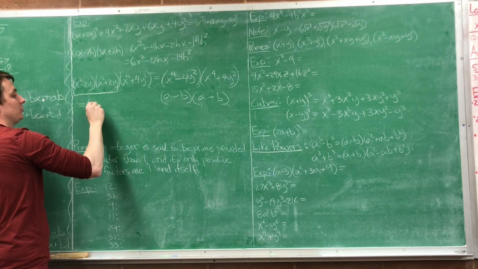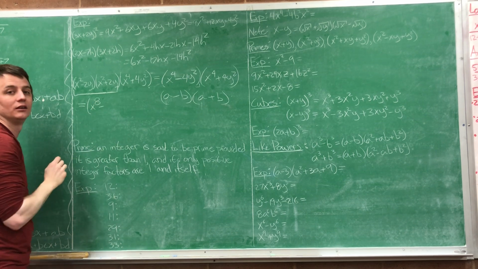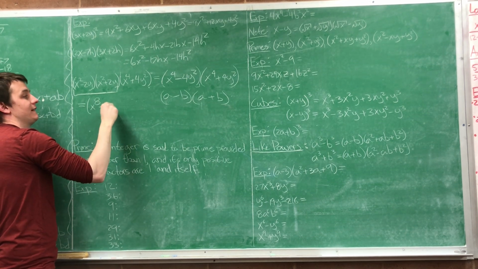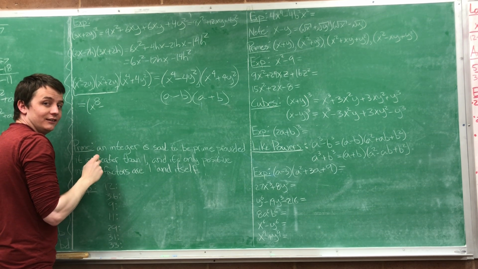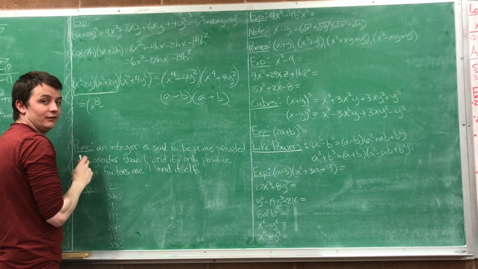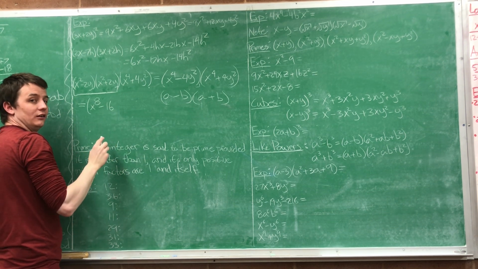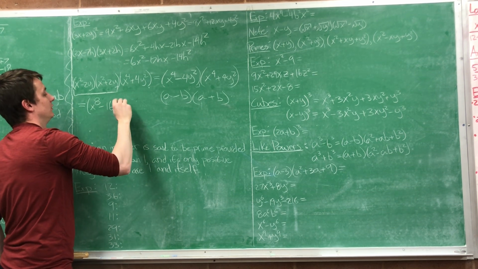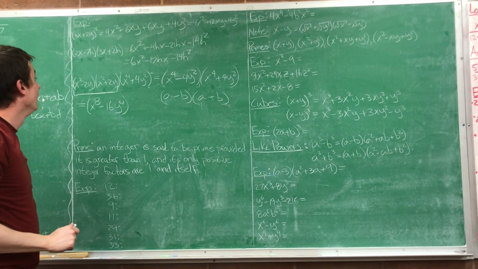So it's just going to be equal to x to the 8 minus 16y to the 4th. Perfect. Good on that? All right.